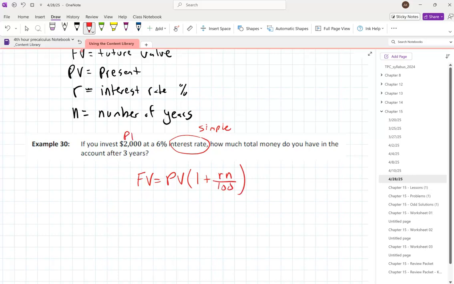So the 2,000, that's our present value. The 6%, that's our R. How much total money, that's our future value. And the 3 years is our N. So if we fill in, that's what we're doing.